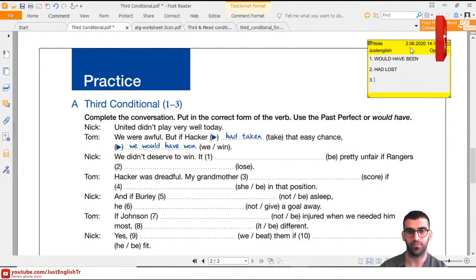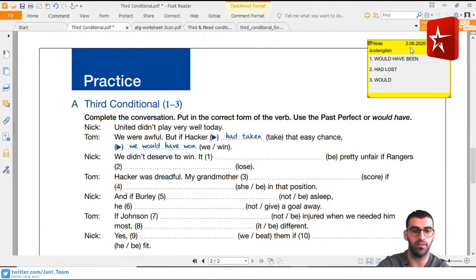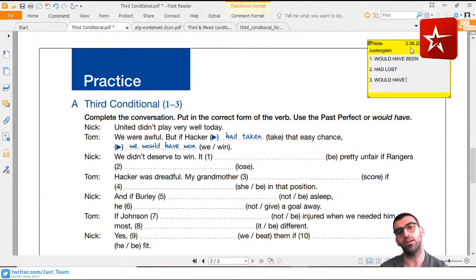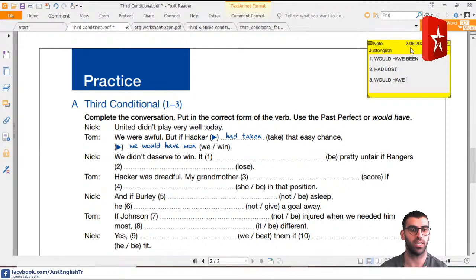All right. Hacker was dreadful. My grandmother would had scored. Yes, Ramazan says would had scored. It's the main clause, and would have scored is the correct answer. Also, we can use contractions, like I would have, or my grandmother would have scored.